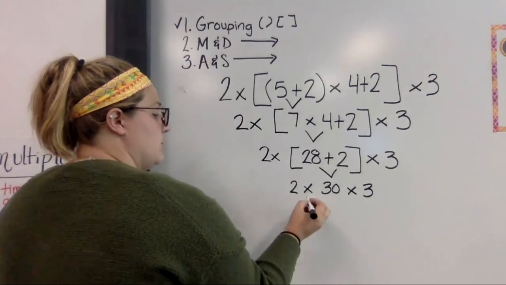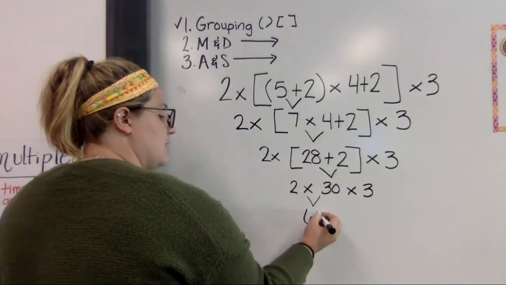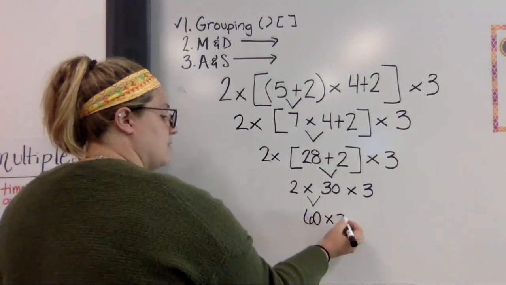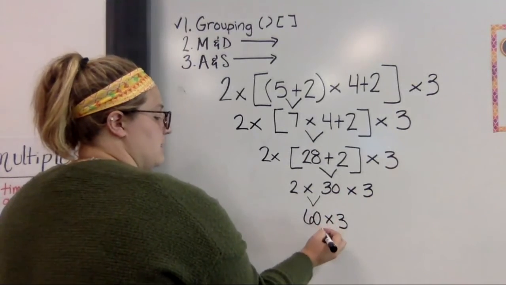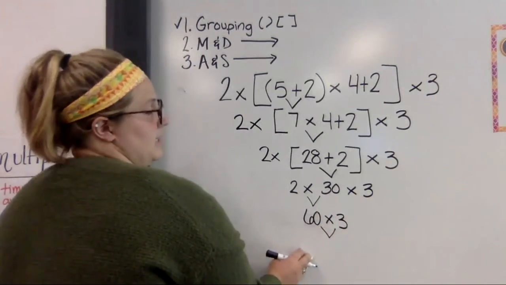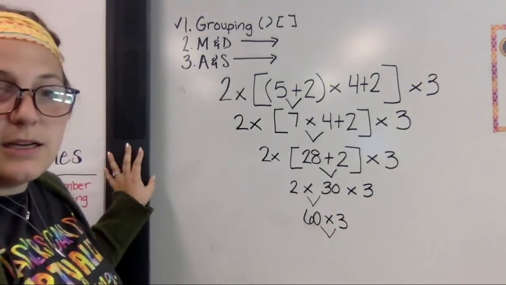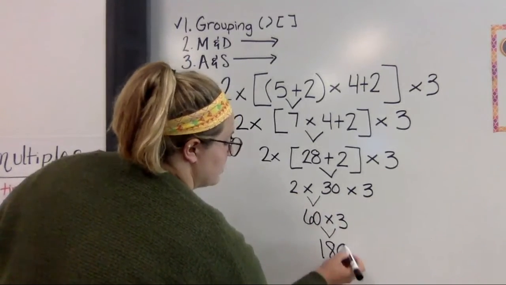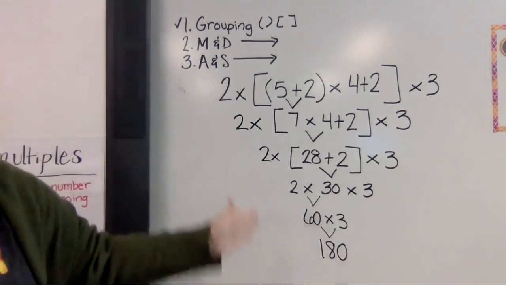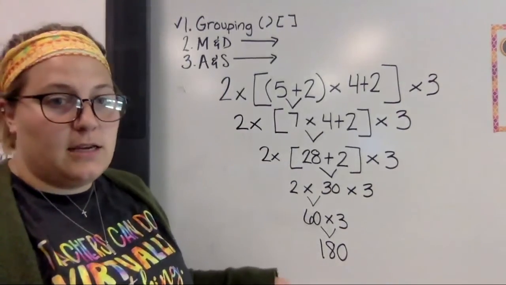So 2 times 30, which is 60, and then times 3 is all that's left. So 60 times 3, we know 60 and 60 would be 120. So 60 more would be 180. So our answer after all that work, step by step, is 180.